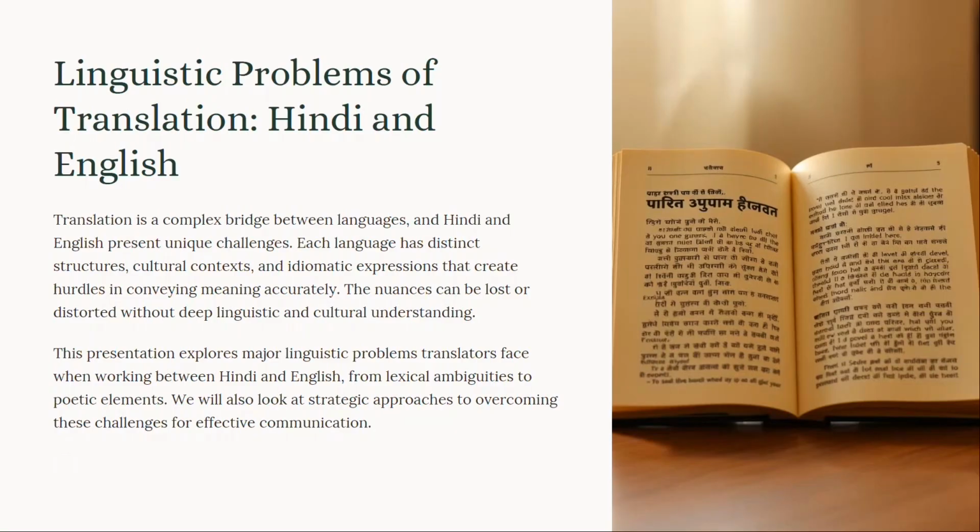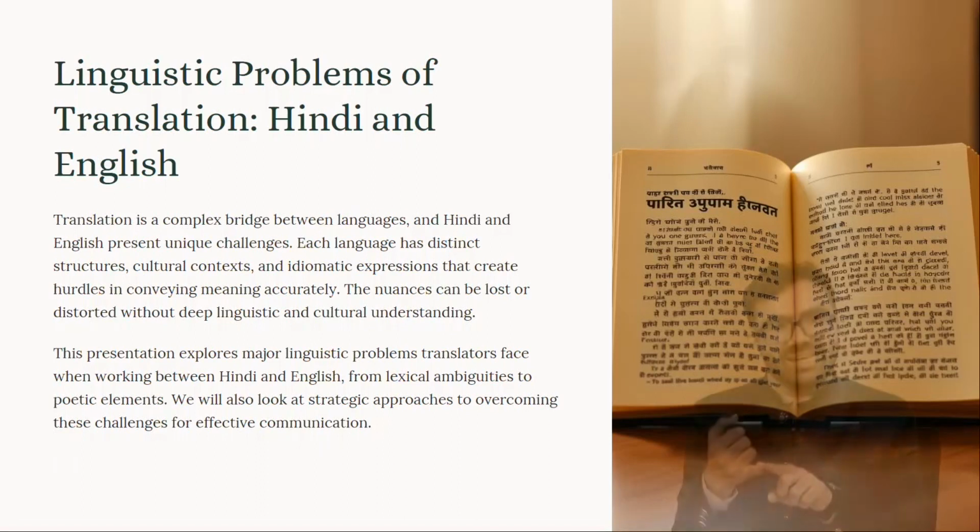As we all know, translation is a complex bridge between languages. And here we have Hindi and English, which present unique challenges. Each of these languages, Hindi and English, has distinct structures.